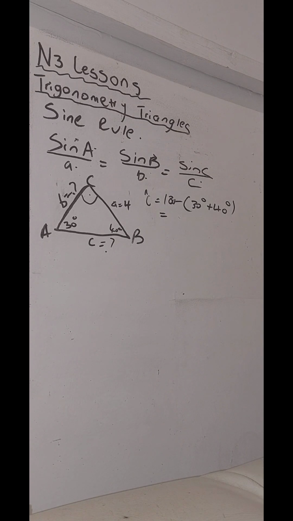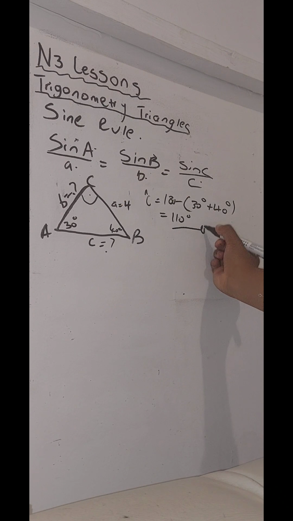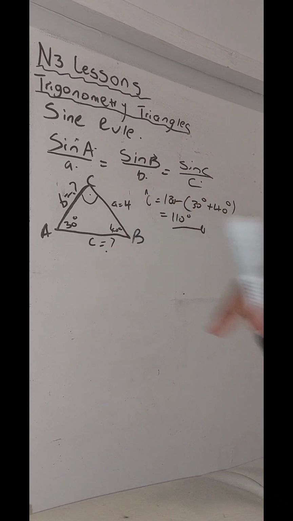So what is angle C, guys? 180 minus 30 plus 40. C is equal to 110 degrees. Know that all the angles within a triangle add up to 180 degrees. And now we are done with C.